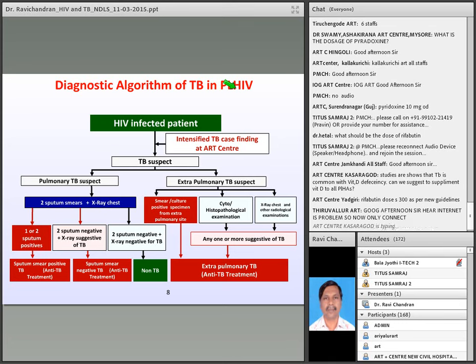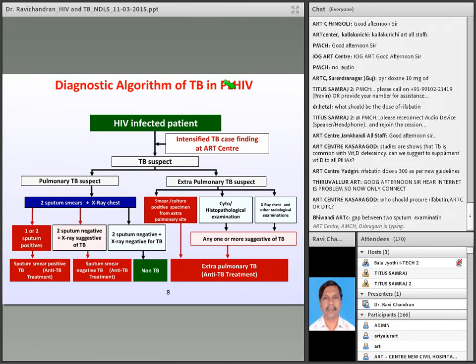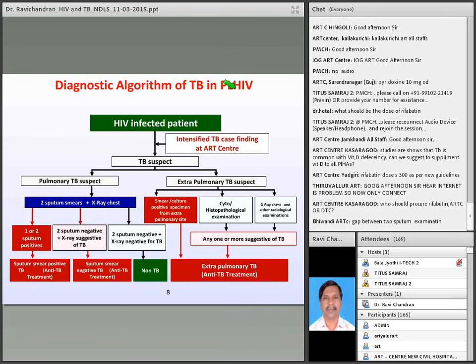Similarly, in extrapulmonary tuberculosis, we take a smear or culture positive specimen from extrapulmonary sites. We can aspirate a lymph node, or take a biopsy from the granuloma in the affected organ, and we can look for the acid fast bacillus and grow them in culture medium also. If positive, we can say this is extrapulmonary tuberculosis and start antituberculosis treatment.